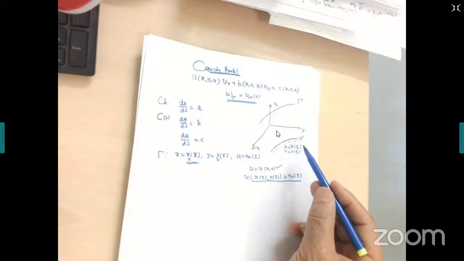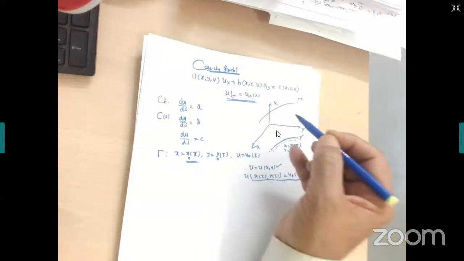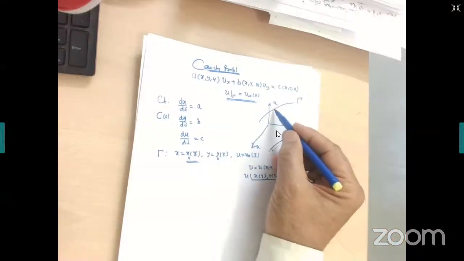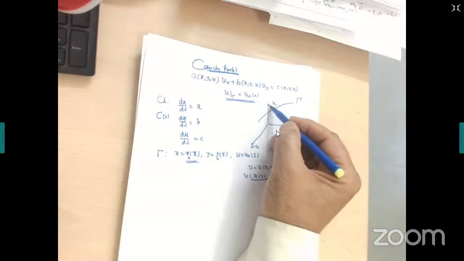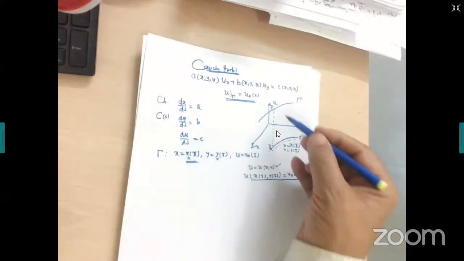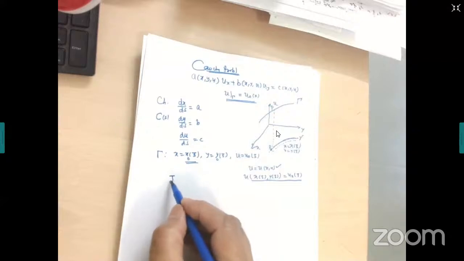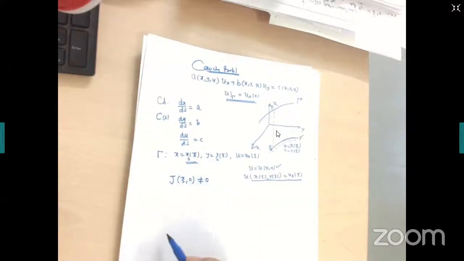So this query is equivalent to asking whether this problem has a unique solution for this partial differential equation. If P is any point on the space curve and P naught is its projection, what is the condition that we determined? If you remember, J should not be 0.